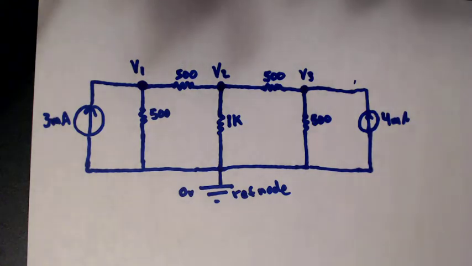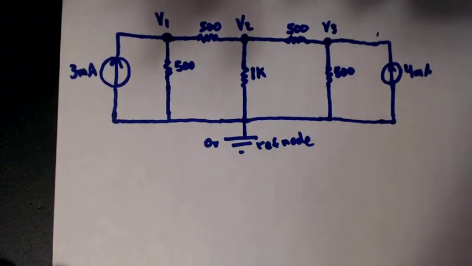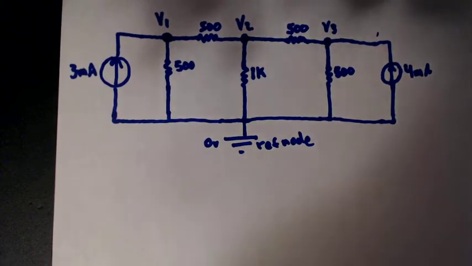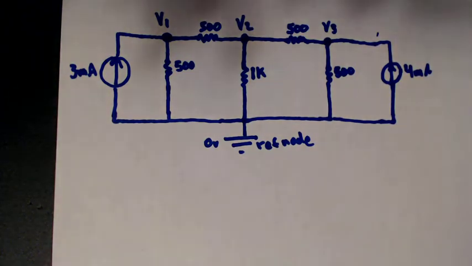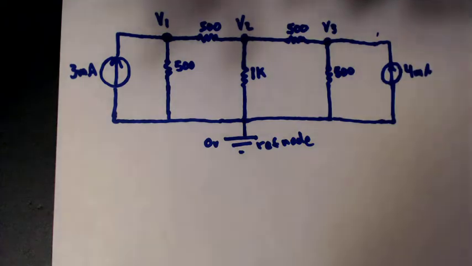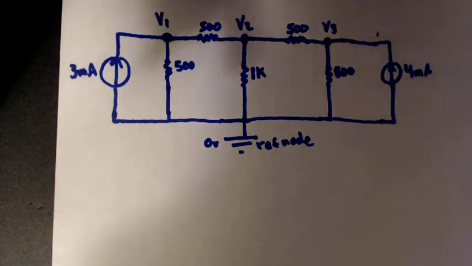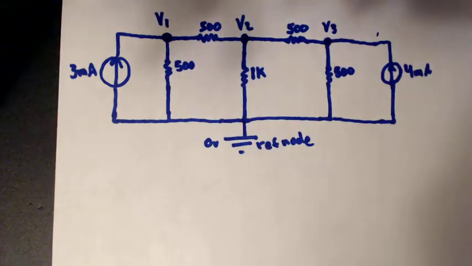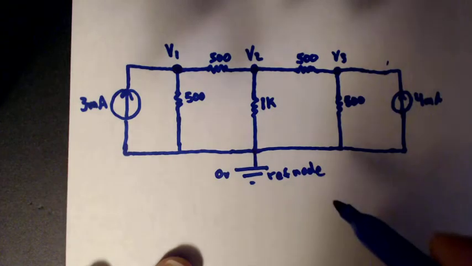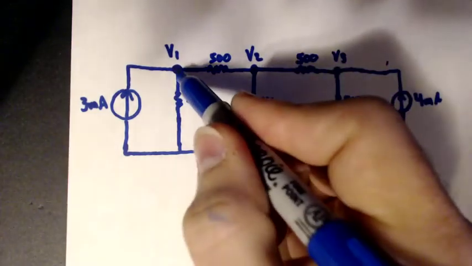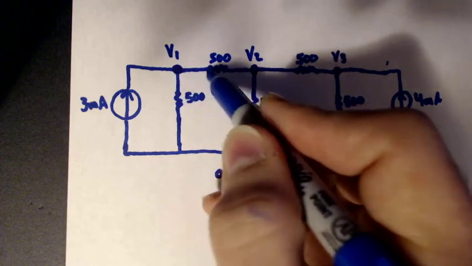So let's look at V1 over here. We need to start writing out those Kirchhoff current law equations. Now, to make this easier, I'm going to start drawing and assigning currents to every single current that's either entering or leaving V1.